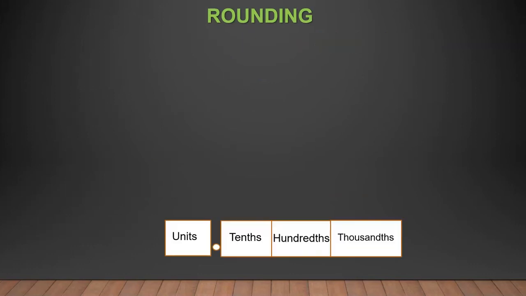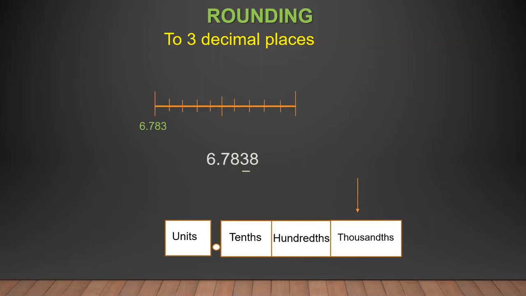And let's go on to the third topic, which is rounding to 3 decimal places. So that is the thousandths place. So we have here 6.7838. 3 is on the third decimal place, which is your thousandths. So we're going to round it off either to 6.783 or 6.784. 6.7835 is in the middle, and 6.7838 is there, which is near to 6.784.